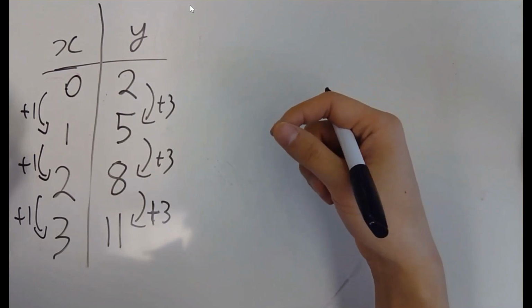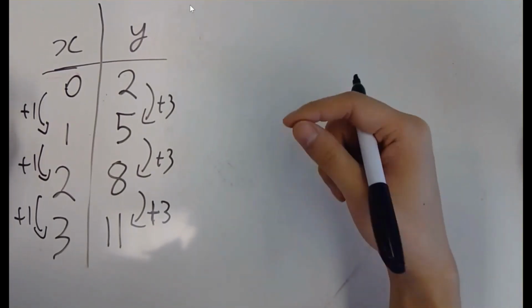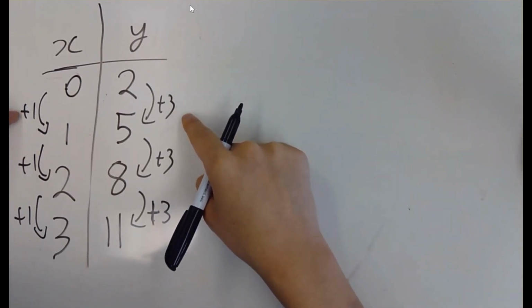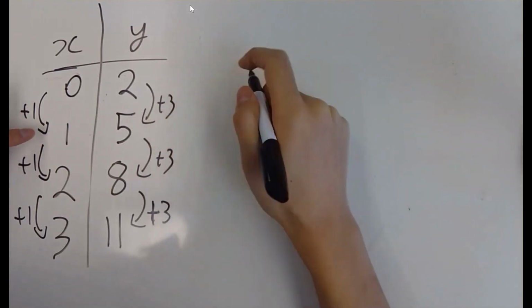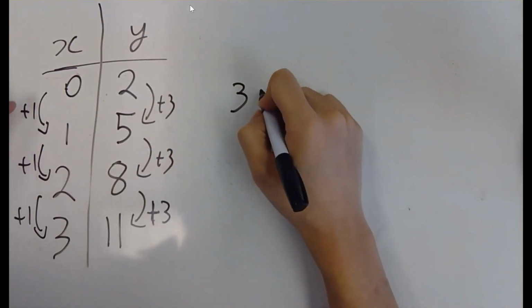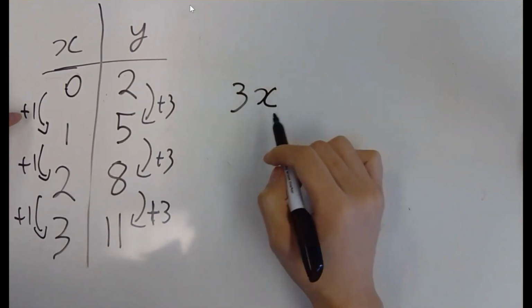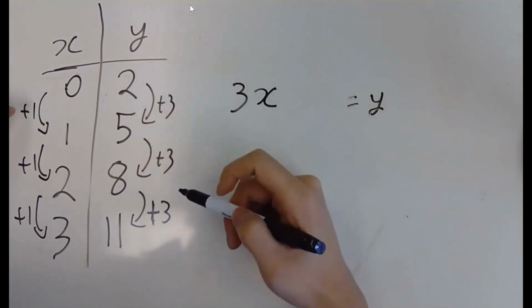If you're adding 3 repeatedly, a different word for that is 3 times. So that means that 3 must be getting multiplied to some value x. That's the first step to figuring out the equation that represents this relation.